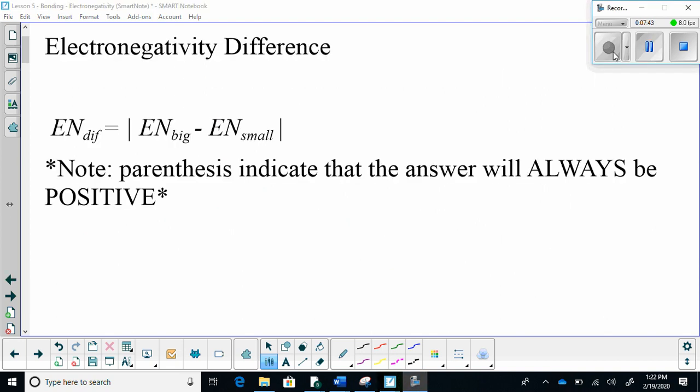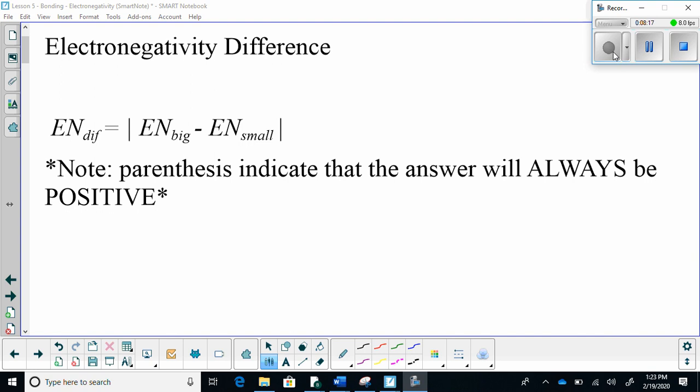Electronegativity difference is taken between two atoms that are bonded together. A couple things I want you to know. Electronegativity difference is only taken between two atoms that are connected by a bond. You cannot take the electronegativity difference of multiple atoms, two maximum. I would get into the habit of subtracting the small electronegativity from the big one.